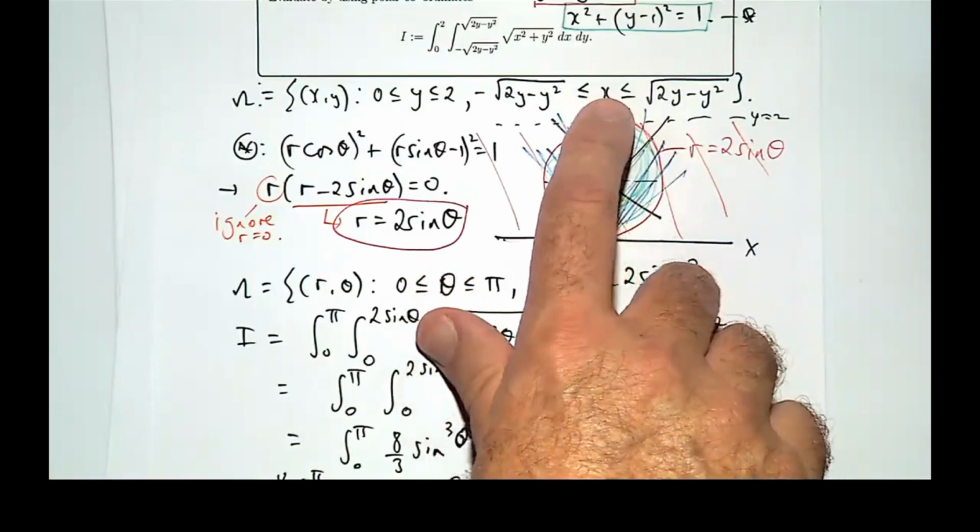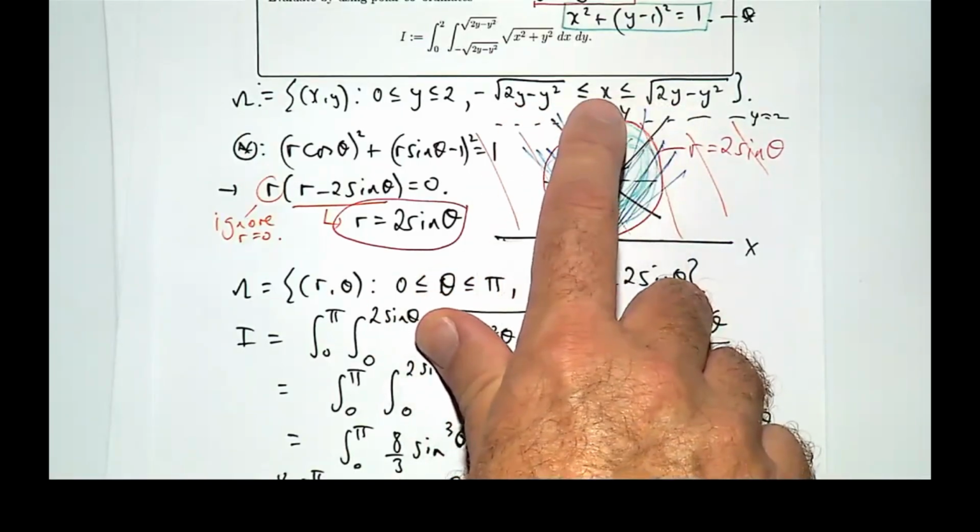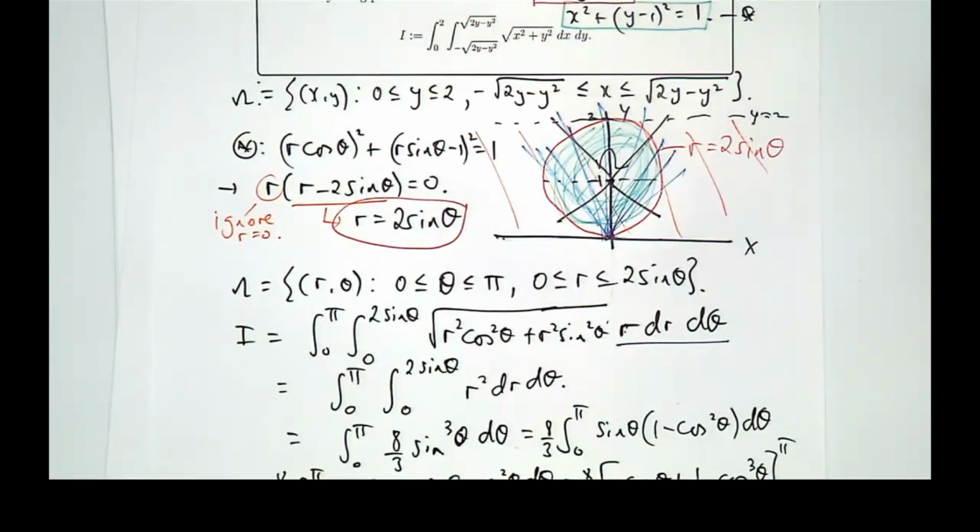And so, you know, x between that and that, to get that edge, I'll set that x equal to this, because that's what happens at the boundary, at the edge. So I think that's a pretty good strategy if you're not sure what it looks like. Just set one of the variables to, you know, x equals square root 2y minus y squared, and then see what happens. Okay?